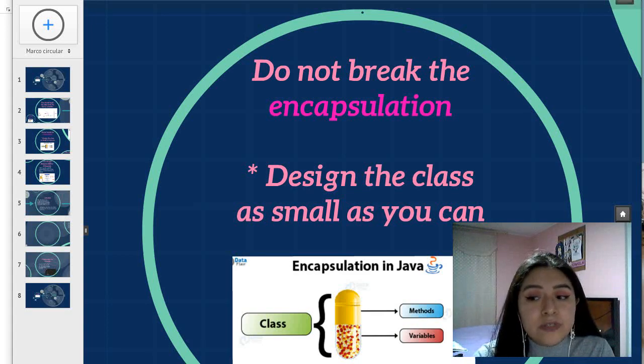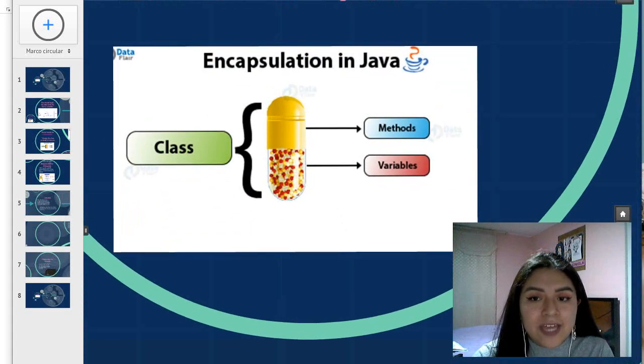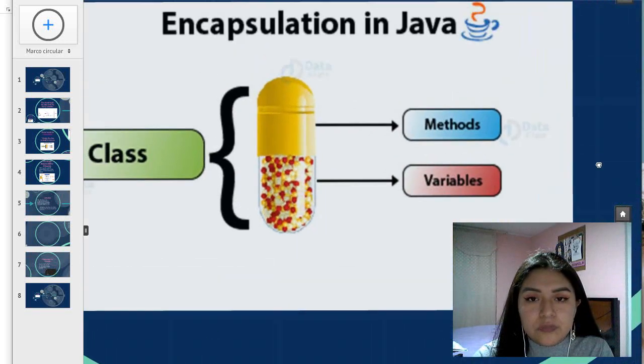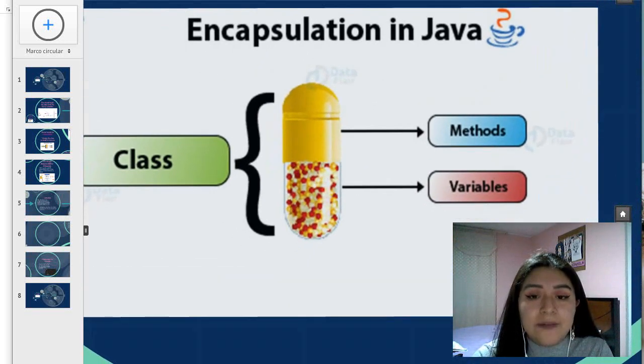To understand encapsulation in a better way, here we have this picture. In this picture, we have a pill. The pill represents the class, and the class has its own methods and variables. The methods contain the variables, as you can see, encapsulation in Java.